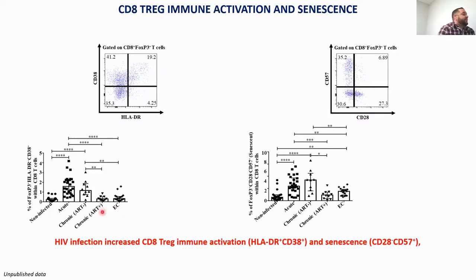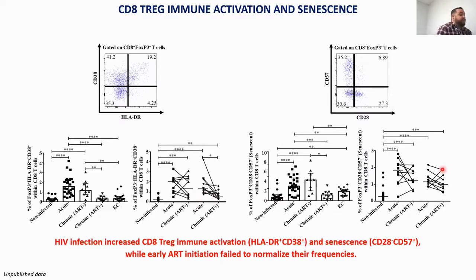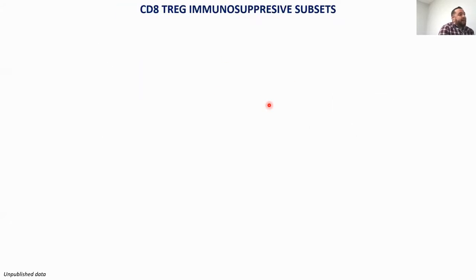Here we observe an increase in the frequency of activated and senescent CD8 Tregs. Only in the case of senescent CD8 Tregs, we observe an increase in elite controllers compared to non-infected individuals. Early treatment was unable to normalize the frequency of activated and senescent CD8 Tregs. But what happened with the immunosuppressive subsets?